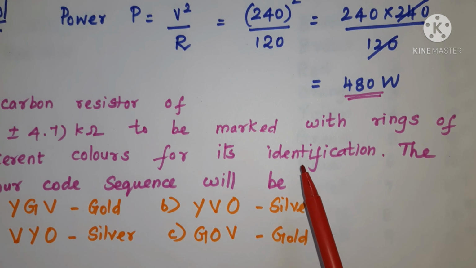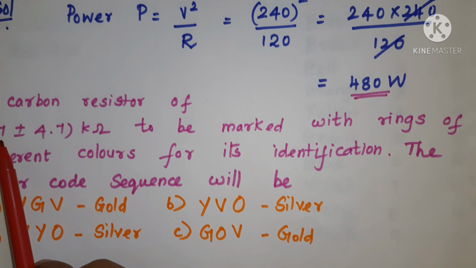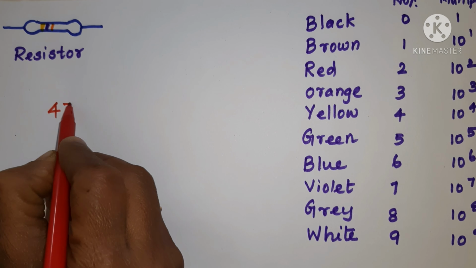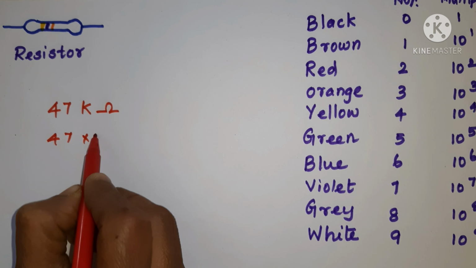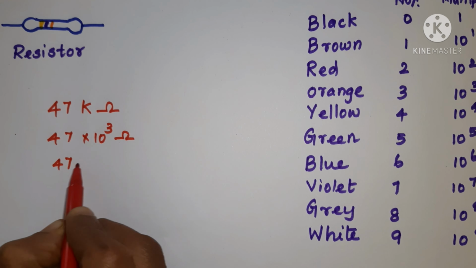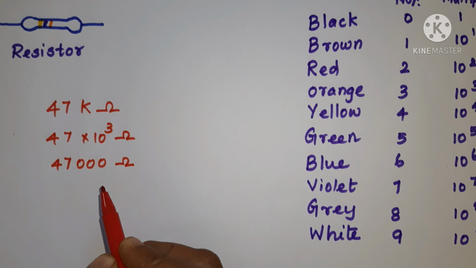Here, in the question, we have to find the color sequence of this 47 kilo ohm. Let me write here this to be 47 kilo ohm. That is 47 into 10 power of 3 ohm. That is 47, 3 zeros and then ohm.